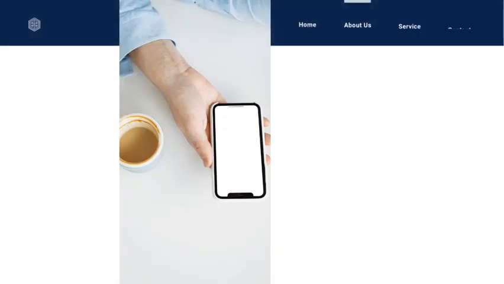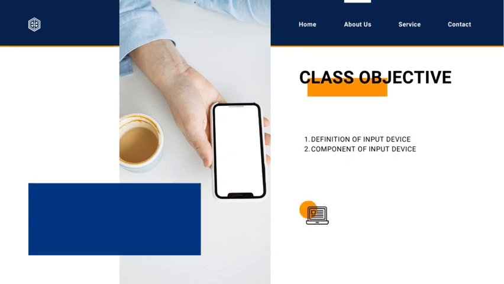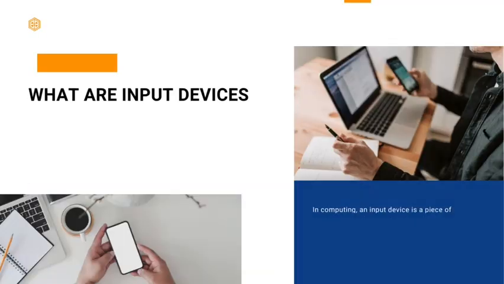Now, the lesson plan will be centered basically on the definition of input devices, where I'll be telling you the meaning of input devices, and then we'll be talking about some of our input devices that we know. We'll be knowing their functions, their uses, and also how well they perform, and you'll be seeing the images of each and every one of them.